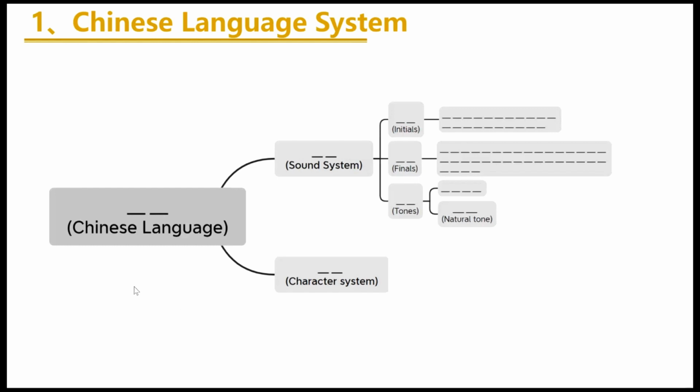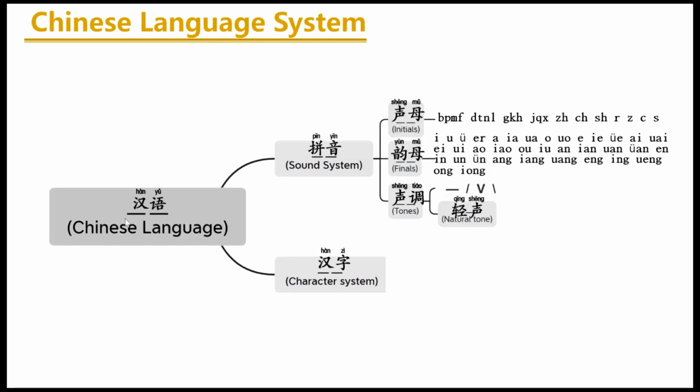So what we are learning here is the Chinese language, right? The Chinese language is called 汉语. It can be divided into 2 parts. The first part is the sound system, and the second part is the character system.